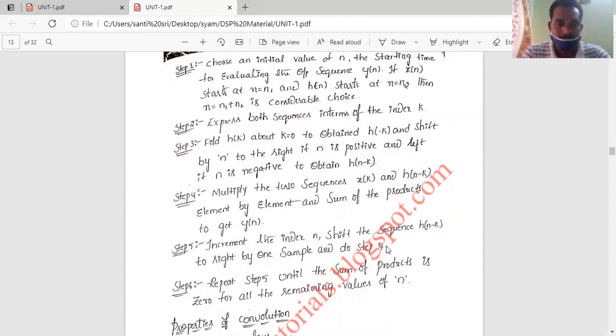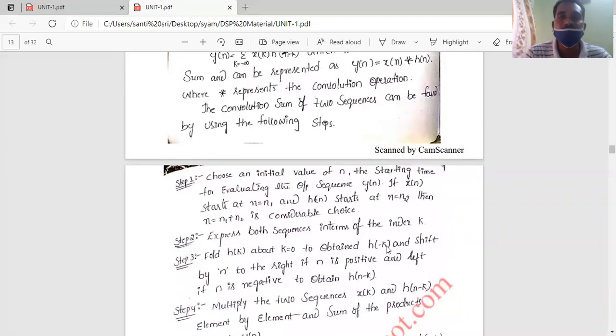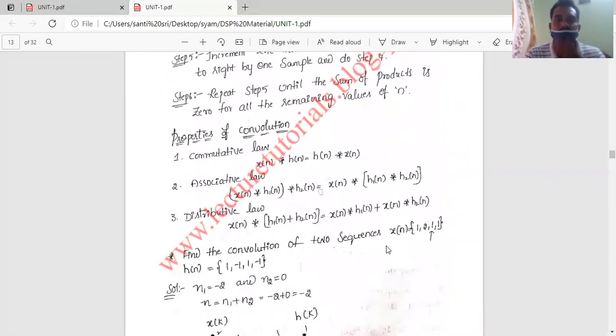Step 6 is to repeat step 5 until the sum of products is 0 for all the remaining values of n. So these are the steps to do the convolution of the two sequences.